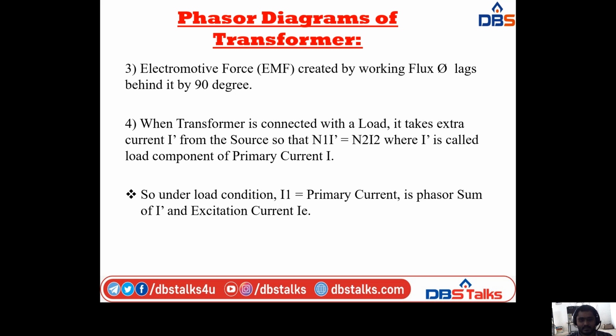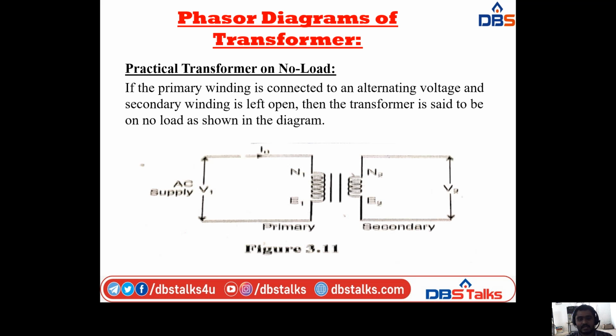Next, this is the diagrammatic representation of a single phase transformer. You already know this one. Here we are taking a transformer. It consists of a magnetic core that is represented in this diagram like two vertical lines, and in between this we have two windings, one is primary and one is secondary.